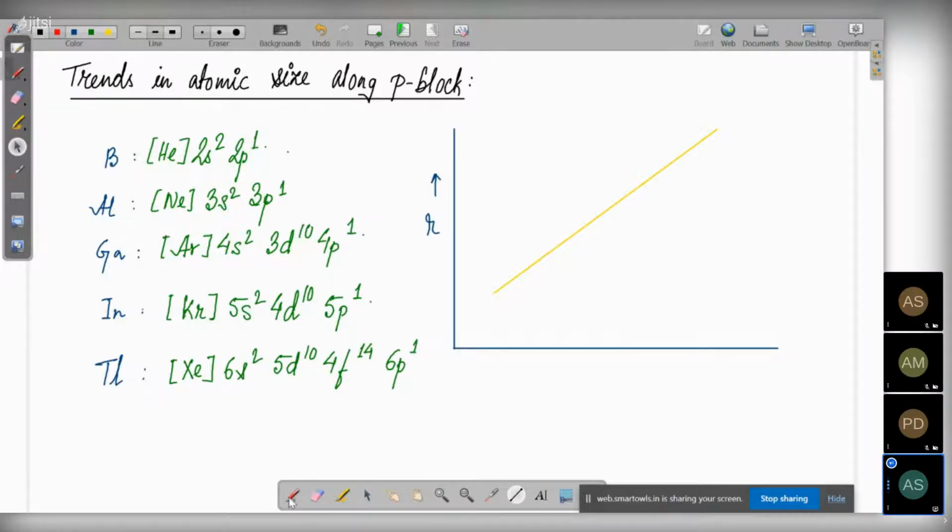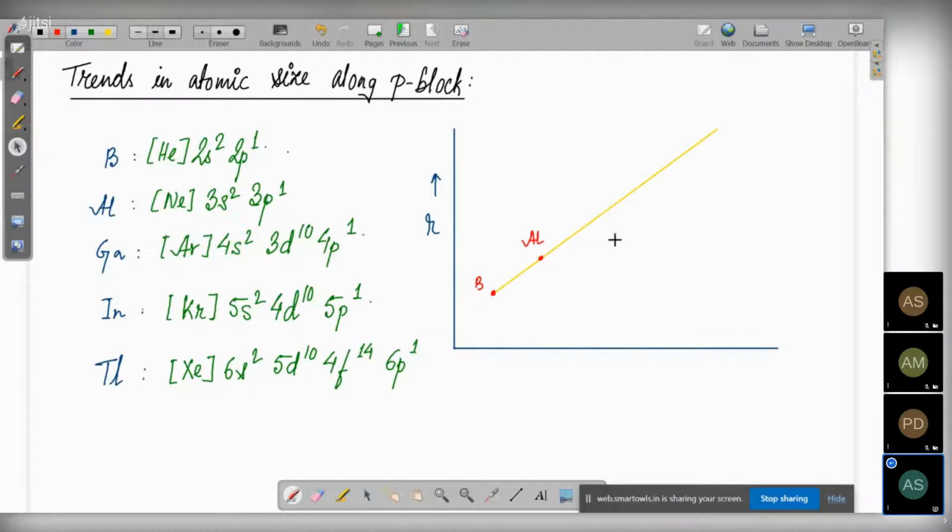In reality, this is the atomic size of boron. After boron, we get aluminium. In boron and aluminium, there's no problem; the atomic size increases.